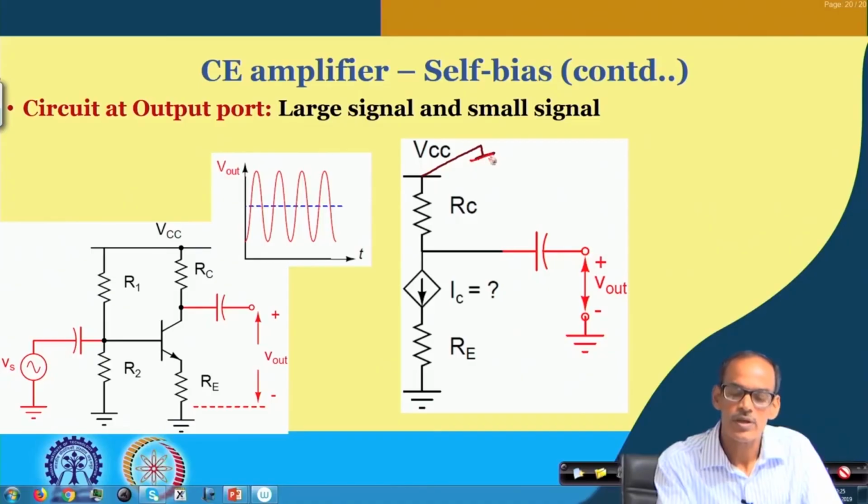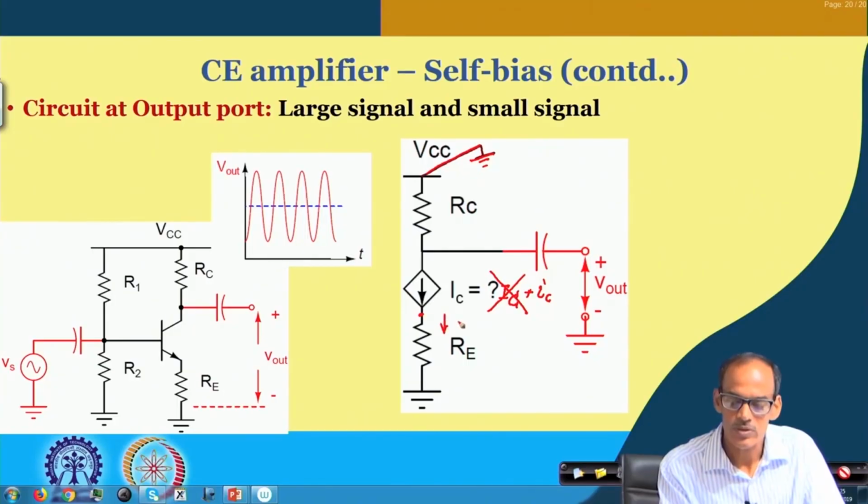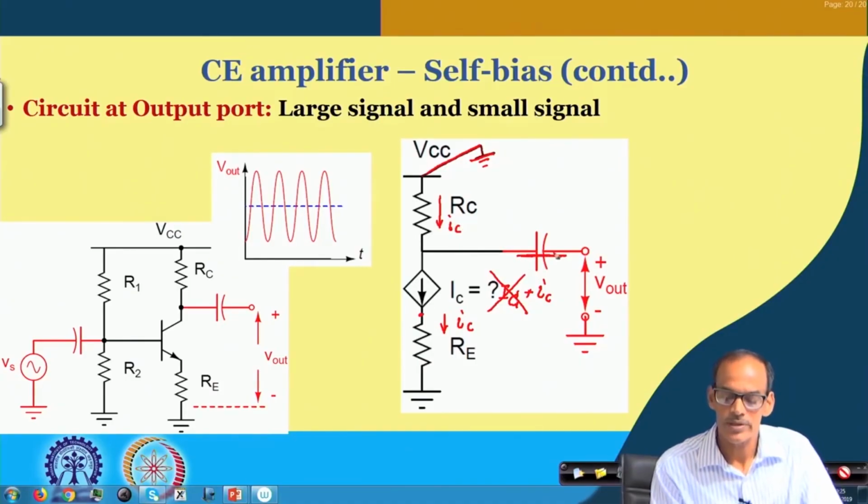So, this is AC ground, and here this DC part will be removed. Though the total current is capital IC plus small ic, the DC part will be dropped, and whatever current flows through this one is only small ic. So, this is also small ic, and the corresponding capacitor here, of course, will be getting shorted.